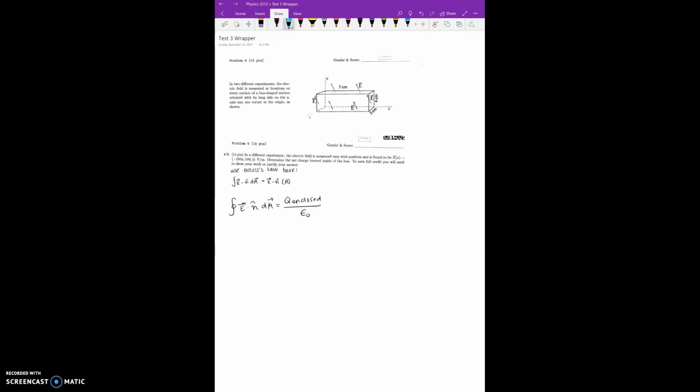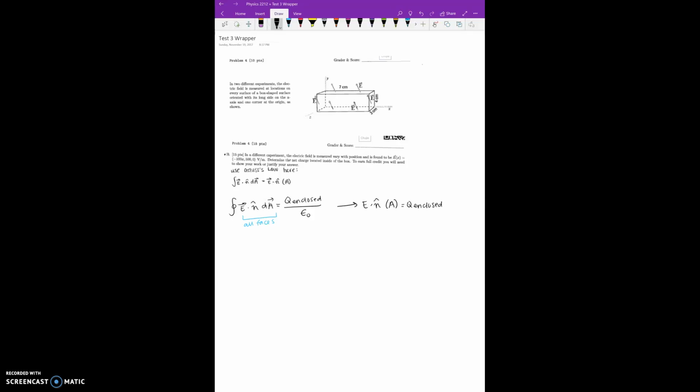And because we know that this is for all the faces, we can actually say that E times N times the area is equal to Q enclosed. Looks like something funky is happening with my pen.